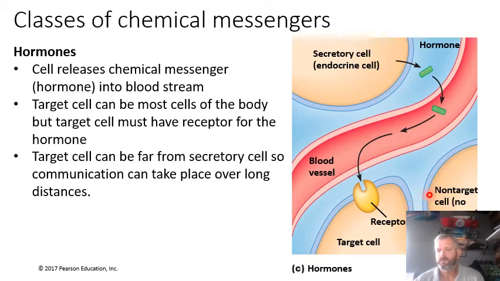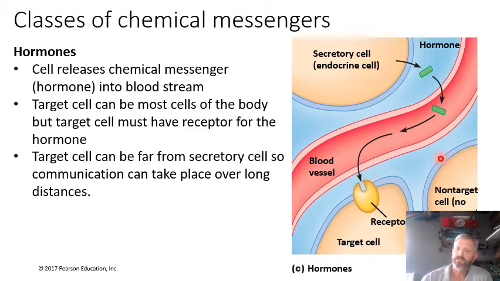But again, what cells respond to the chemical messenger? Non-target cells, cells that won't respond, don't have a receptor. But the cells that are going to respond to that chemical, or the hormone in this case, are the cells that have receptors. We've looked at our insulin signaling and our homeostasis.